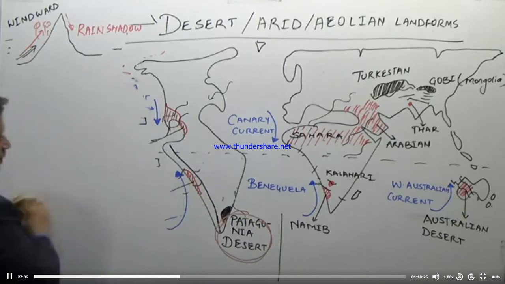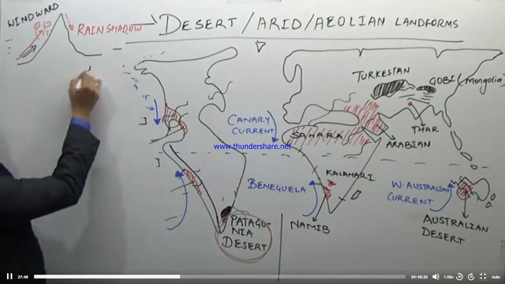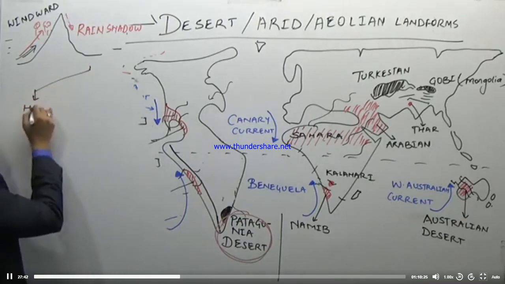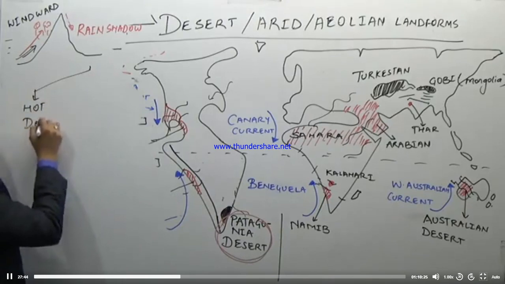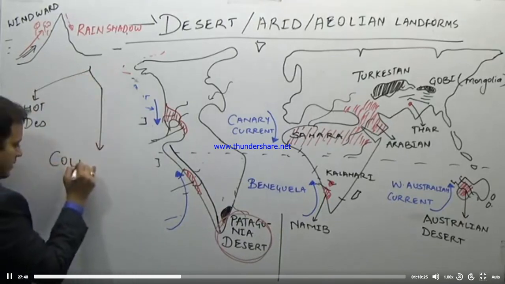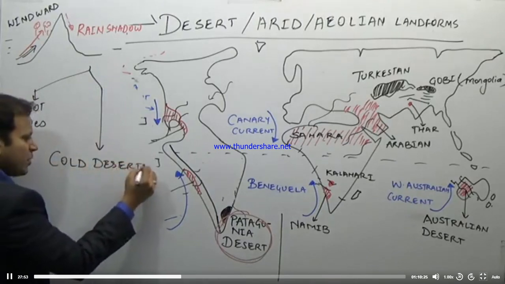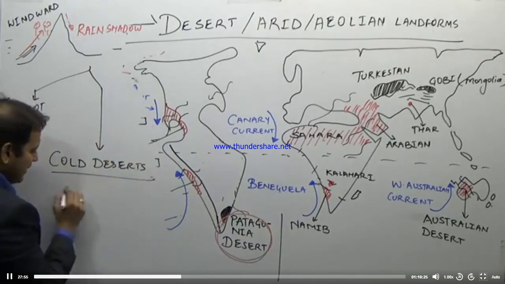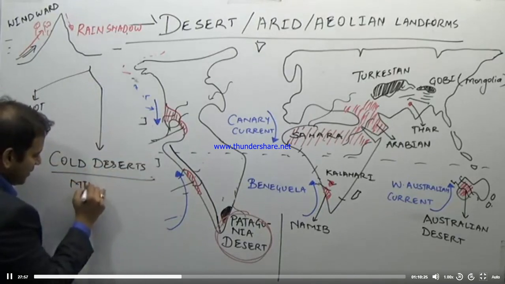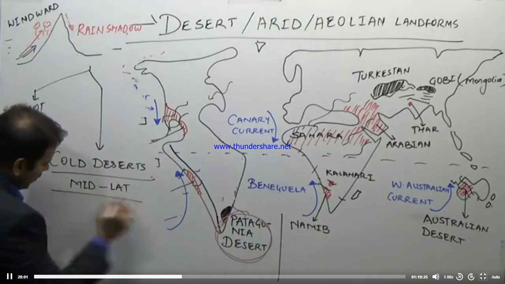So the second type of the deserts, the one we have done are the hot deserts, while the second one are the cold deserts. Why cold? Because extremes of temperature are seen. These are known as mid-latitude deserts or continental deserts.